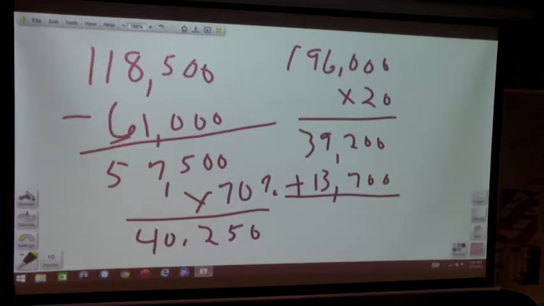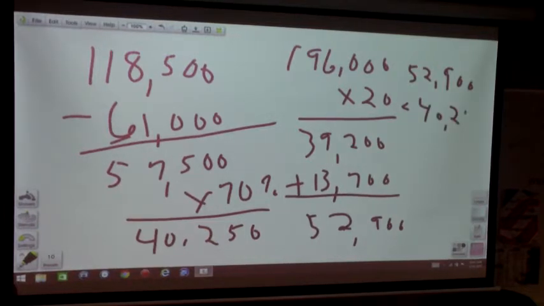Adding those two together gives us $52,900, which is what he needs to make this deal happen, right, guys? $52,900. He only has $40,250, right? So we take $52,900 minus $40,250.